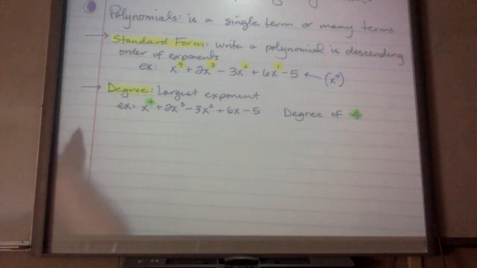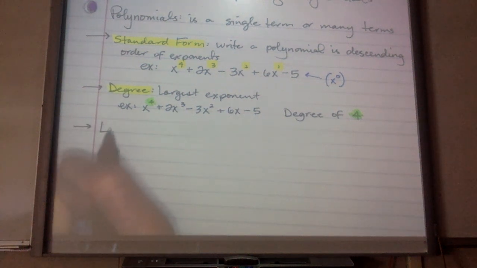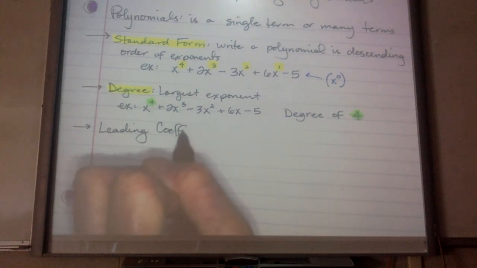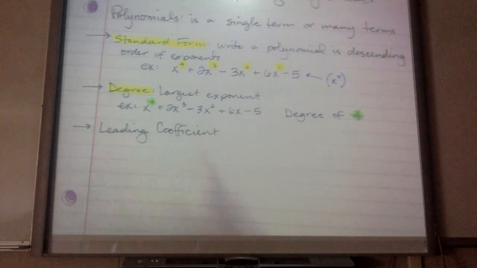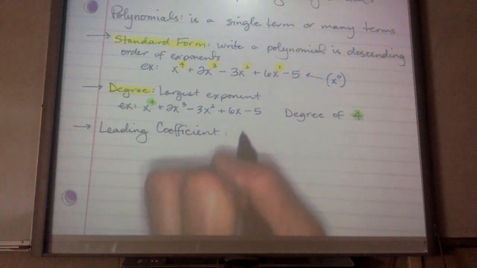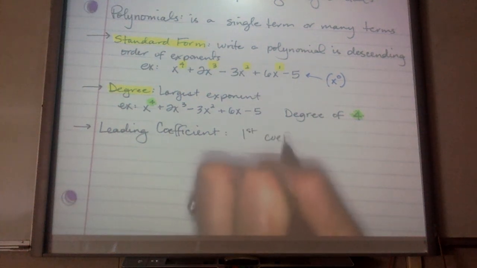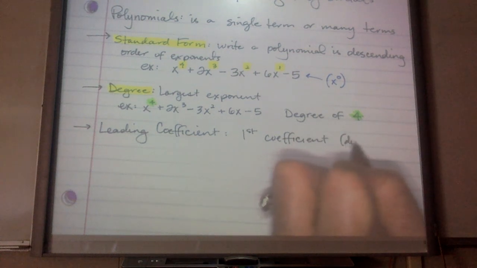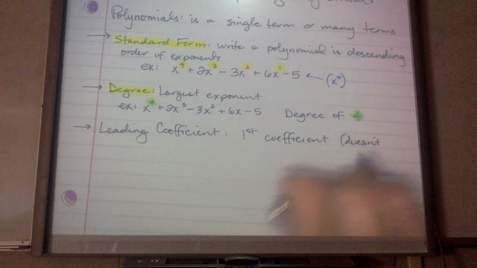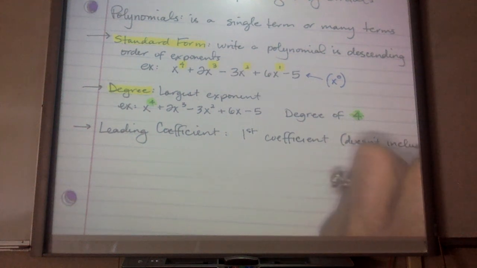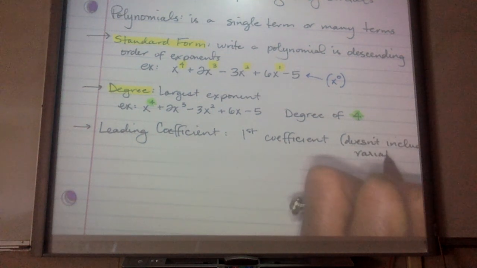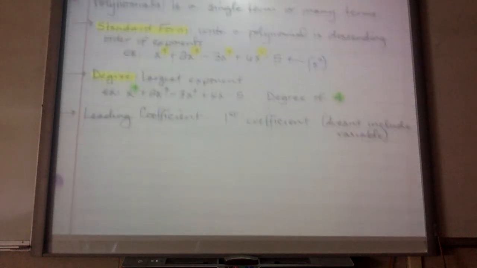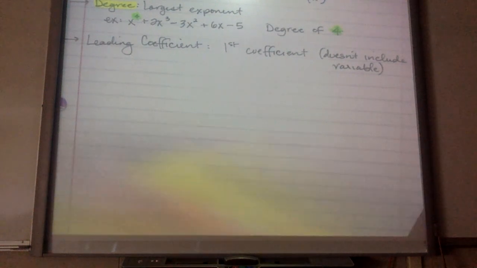Next goes over leading coefficient. Okay, and all that means is first coefficient. Now, a coefficient doesn't include the letter or the variable. It's just the number in front. So don't ever write a letter when we're talking about coefficient. Coefficient refers to the number in front of an x.